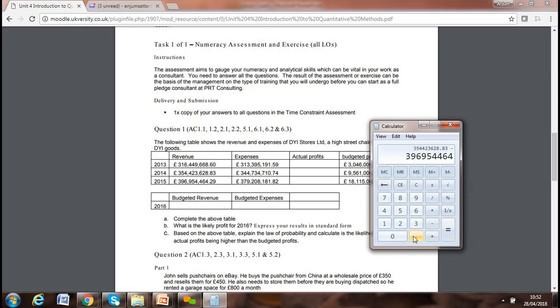Ten should be point. So now that's the figure, yes? Divided by my base, which is 354,423,628.8.